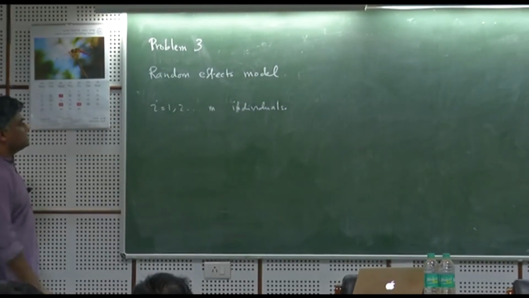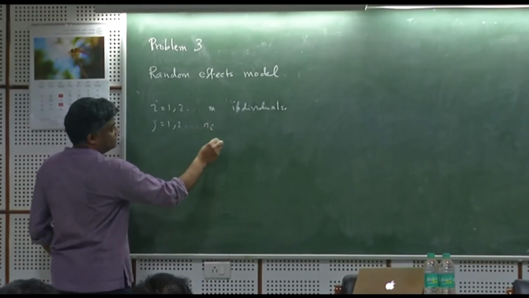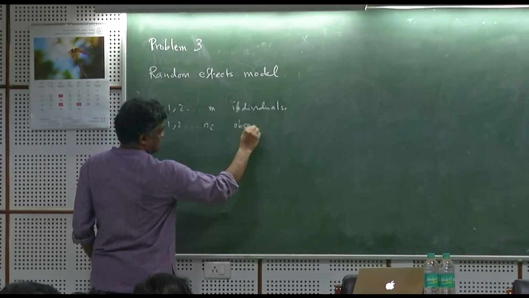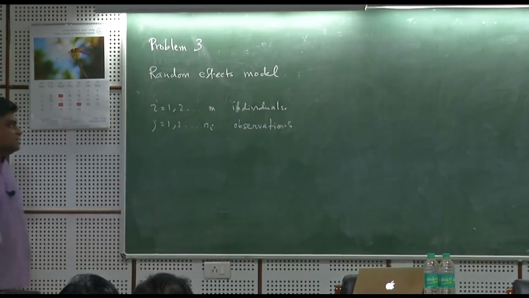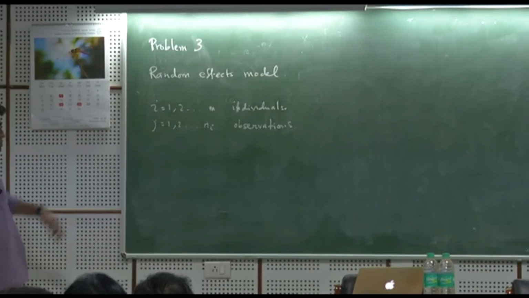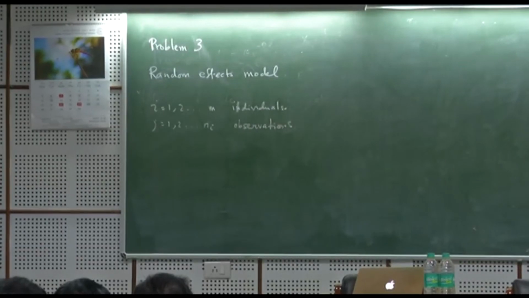And for each of these individuals, I took j equals 1, 2 up through some ni observations. Okay? Maybe different observations per individual. So for the ith individual, I took ni different observations.